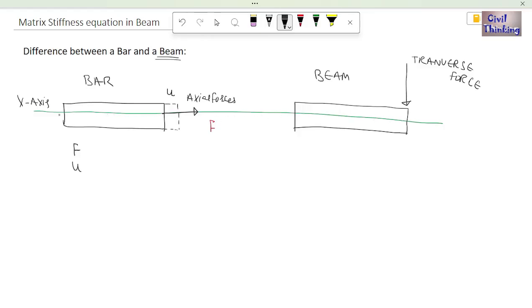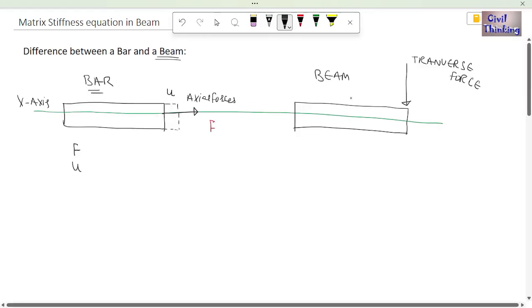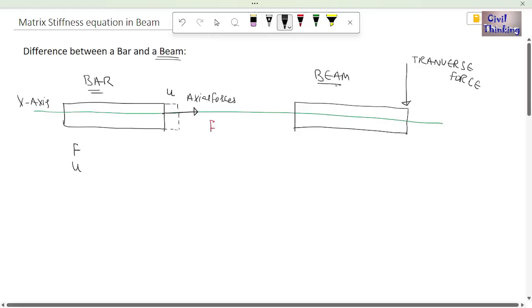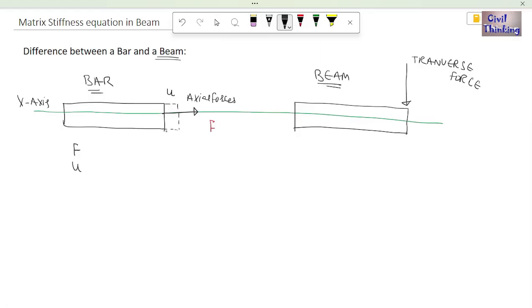If the force is along this centroidal axis, it is a bar, and if the force is normal or perpendicular to the centroidal axis, then we call it a beam. So this is the basic difference between a bar and a beam.